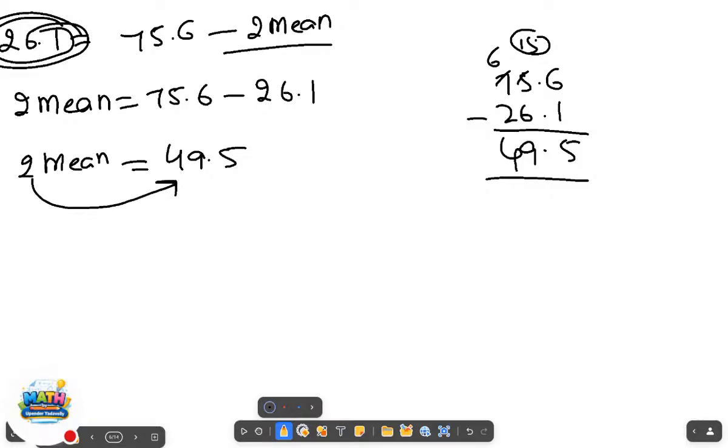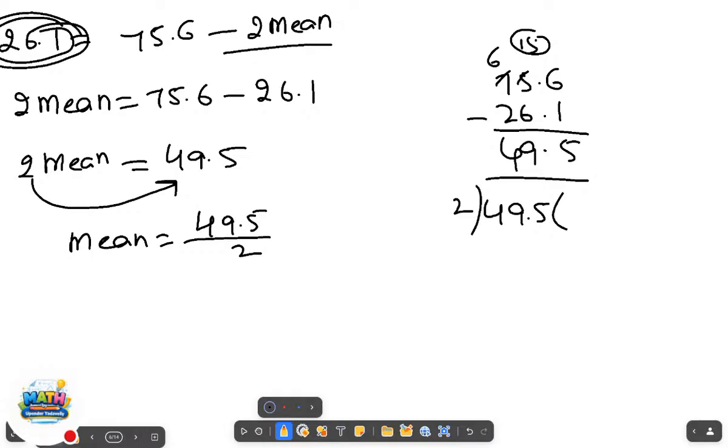If you send 2 to the right side, what happens? Mean is equal to 49.5 by 2. So what do we get if you divide 49.5 by 2? 2 4s are 8, remainder 1, bring 9 down, 2 4s are 8, remainder 1.